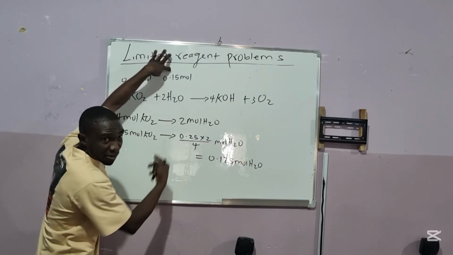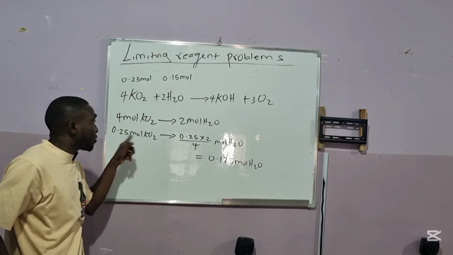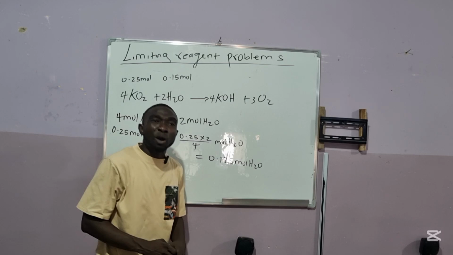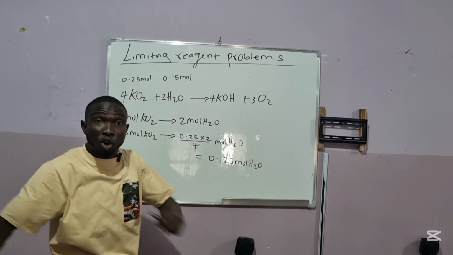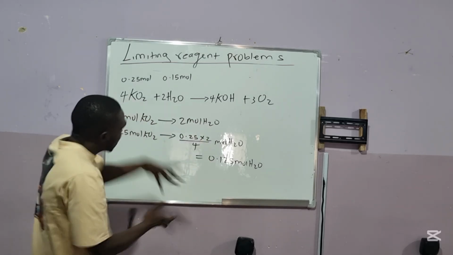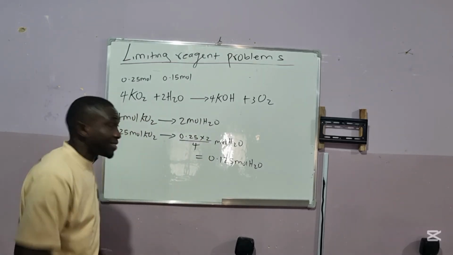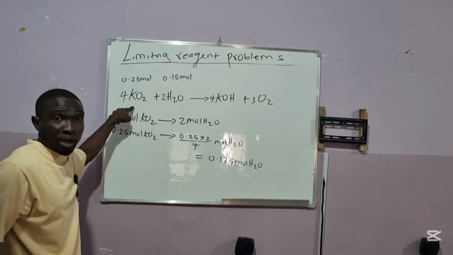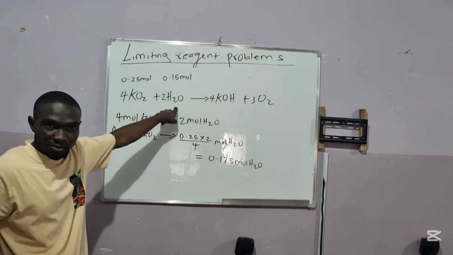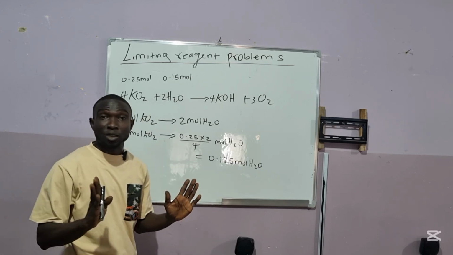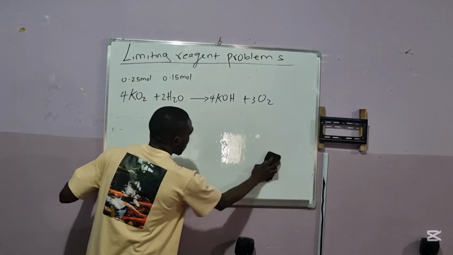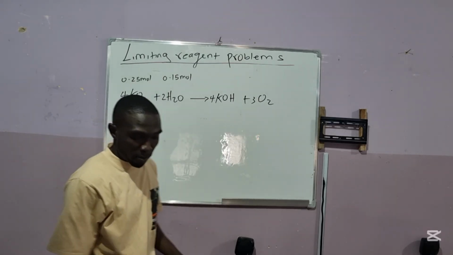So out of 0.15, 0.25 moles of KO2 is only going to react with 0.125, meaning that we still have some amount of water left unreacted. Am I communicating? So from that analysis, the limiting reagent is KO2 and the excess reagent is water. Does that make sense? Any of the methods you like, you can use and get your limiting reagents. Let's go to the next problem.